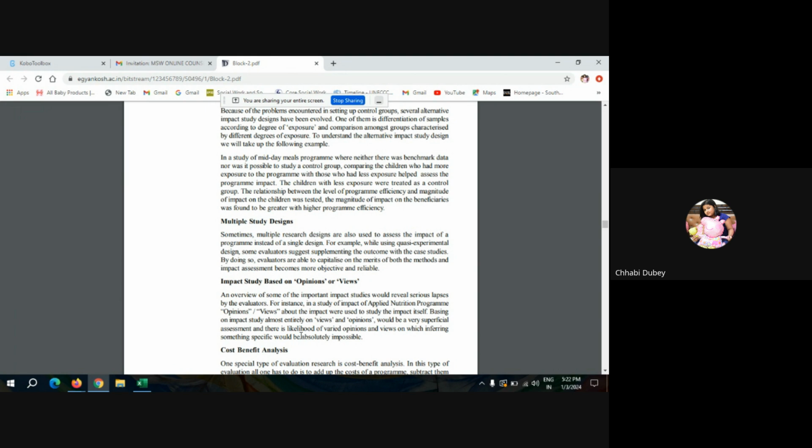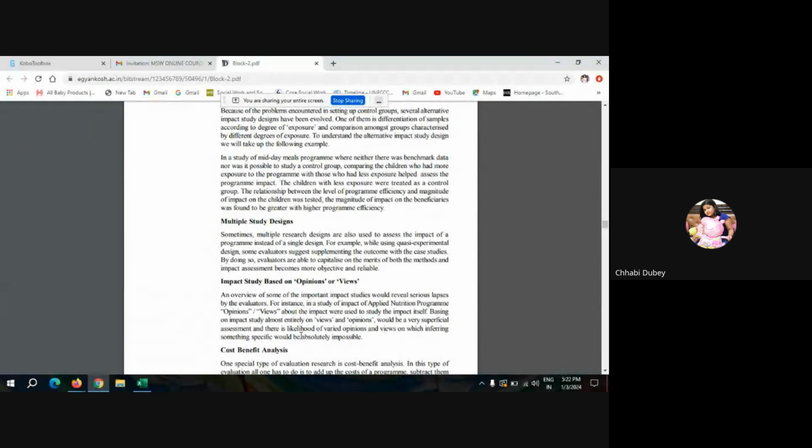There can be quite many serious lapses, or flaws. An impact study based almost entirely on views and opinions would be a very superficial assessment, and there is a likelihood of varied opinions and views from which inferring something specific would be absolutely impossible. So we know that these impact studies are generally based on the opinions or views of those who have been researched.